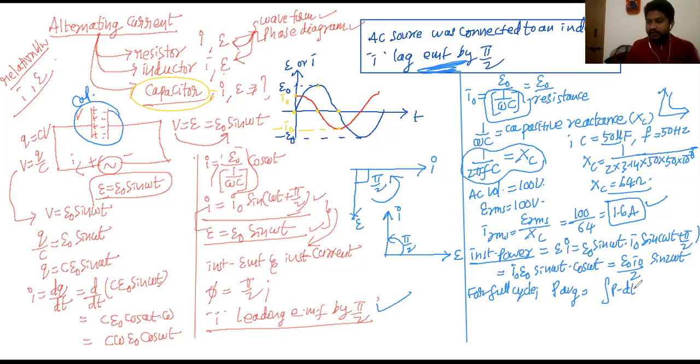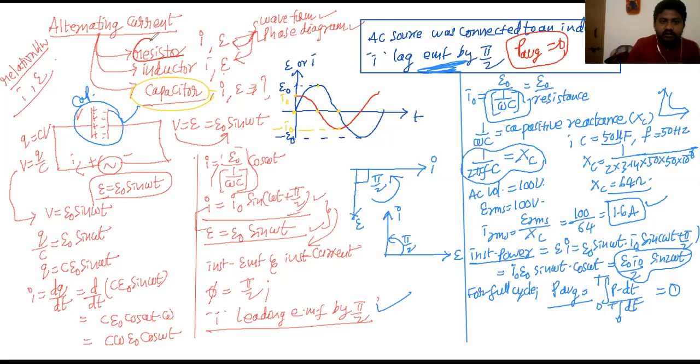Integral P dt divided by integral dt, both from 0 to T. If you integrate this expression, you get the average power consumed by the capacitive circuit as 0. In the same way, the average power for the full cycle in the inductive circuit is also 0. Whereas in the resistive circuit it was not 0.